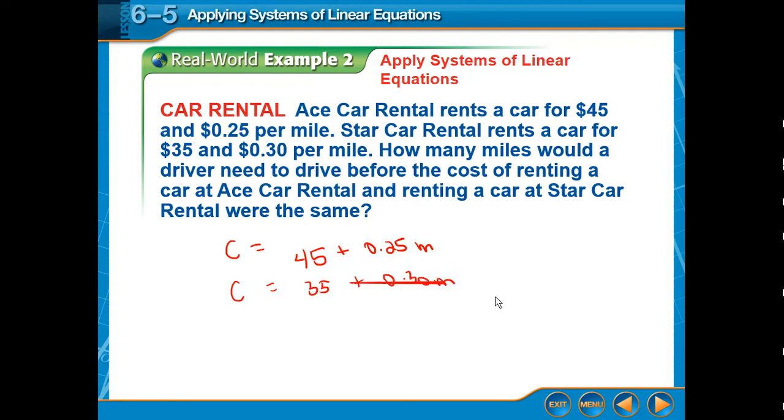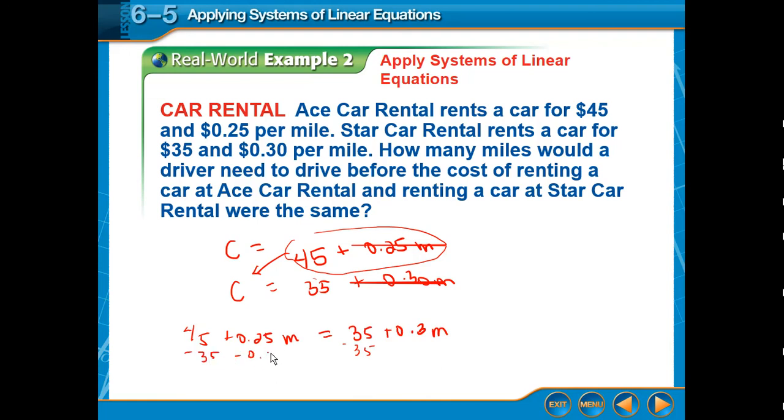So for this one, I want to know when these costs are the same. Since these are both C, this is already set up to do substitution because I already have a variable completely by itself. So what it's equal to, I can take and put into my other equation for the same variable. So I can say this is going to be 45 plus 0.25m equals 35 plus 0.3m. And I want to solve this. So I'm going to do minus 35 to both sides and minus 0.25m.